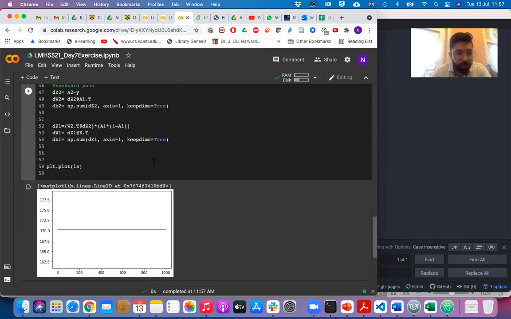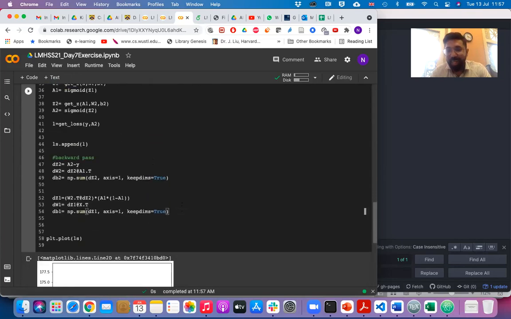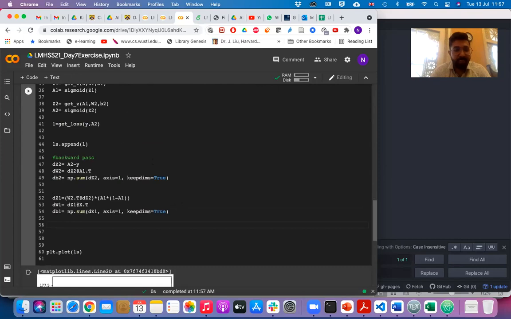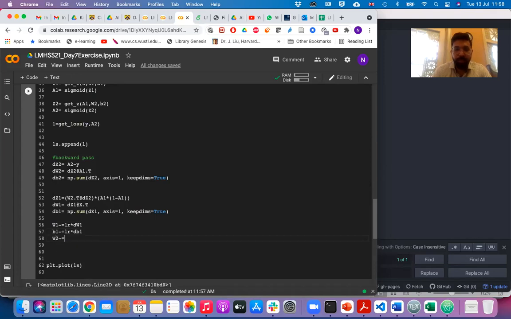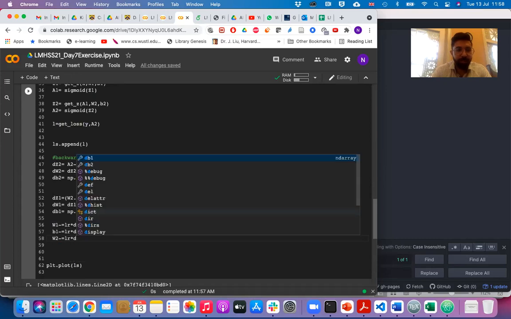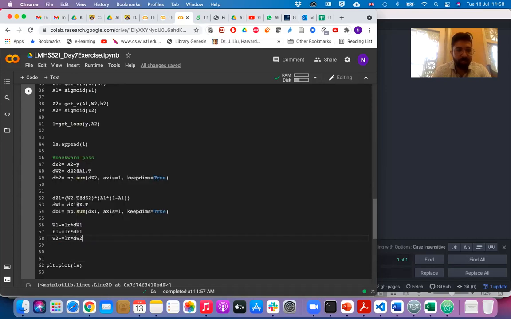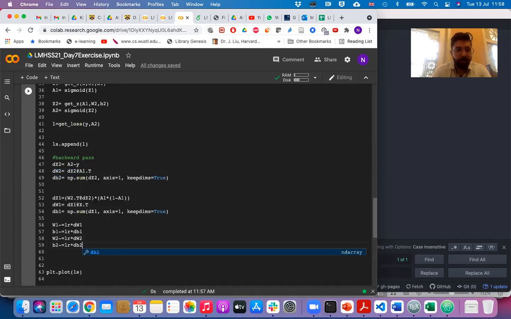Okay, what's going on here? Oh, I haven't updated the weights, so I have to update the weights. Learning rate times dW1. So W1 is equal to W1 minus learning rate times dW1, and W2 minus equal to learning rate times dW2, and B2 minus equal to learning rate times dB2.